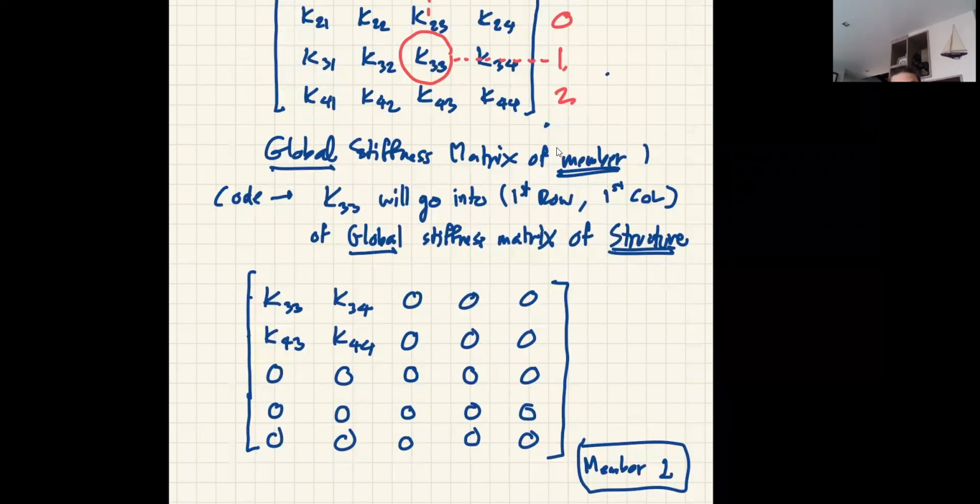Actually, if I never mentioned that this is structural analysis, and I gave you a game to play, can you do the coding like this? I give you the code and can you put it in this fashion? Even kids can do it if they don't think this is structural analysis.